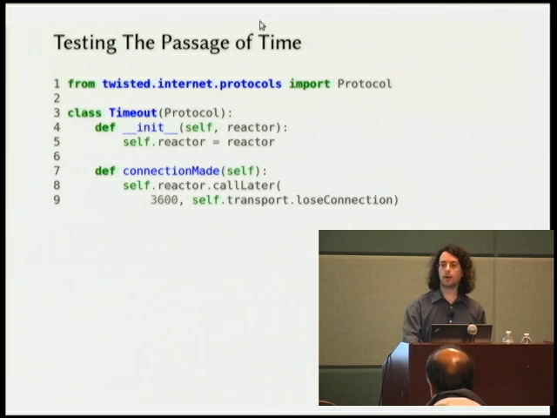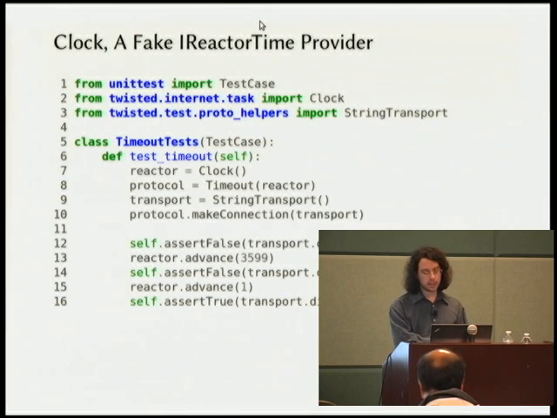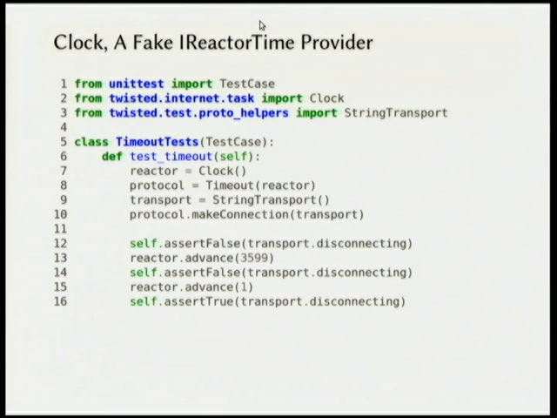And again, Twisted provides a utility class that does this. The utility class is called Clock, twisted.internet.task.Clock. So we create a thing we call a reactor, which is the Clock instance, just so we know that we're pretending it's a reactor. We create a protocol which has a reference to our fake reactor. Create a fake transport, and then we hook up the protocol to the transport.